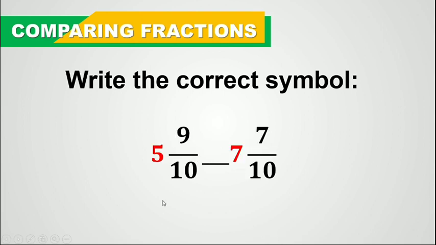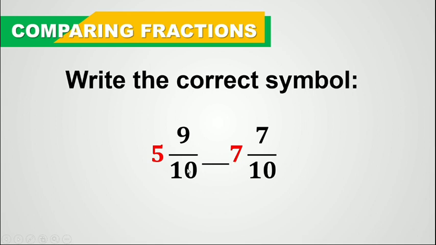Now what if we compare these two mixed numbers, 5 and 9 over 10 and 7 and 7 tenths? I included this in this video lesson because some students fail to answer this very basic question. All you need to do is look at their whole numbers. 5 or 7?